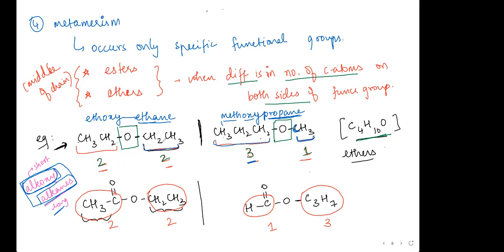So that's what I meant by using the comparison with chain isomerism. But metamerism occurs only in things where the functional group is in the center, like esters and ethers. The basic thing is that there is a difference in the carbon chains on both sides of the functional group. So this is where you come across metamerism.